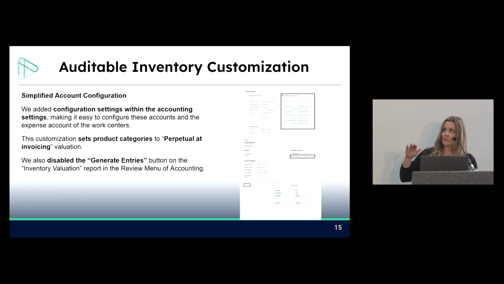Once you turn it on, it will show all of the fields that need to be populated. You can populate those, and it will go to the location and set each one of those. Then we made it so that it would automatically turn on perpetual inventory, and we disabled the generate entries button on the inventory valuation report. This was to prevent anybody from hitting that button and recreating those journal entries that we're doing automatically.